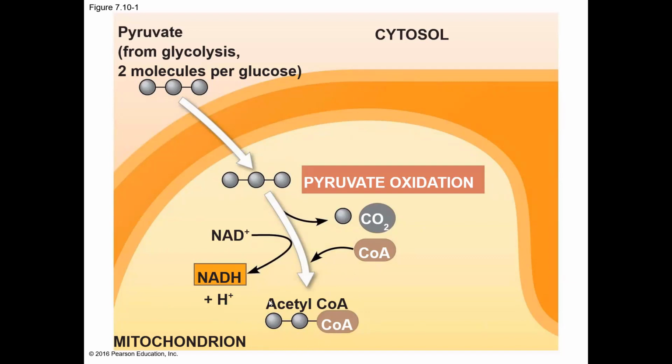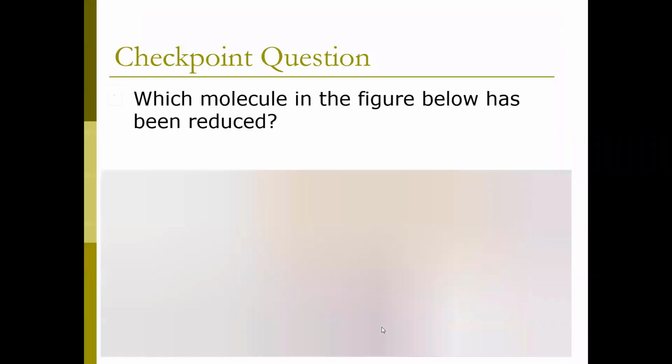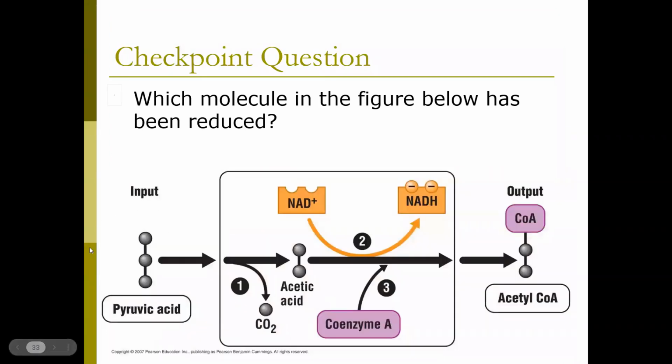So we're going to take a closer look now at that acetyl-CoA, which is going to move into the citric acid cycle. Here we have our input. Which molecule on the figure below has been reduced? If you take a look at the process, which one's reduced? Which one has gained electrons? Because of oil rig, reduction is gaining electrons.